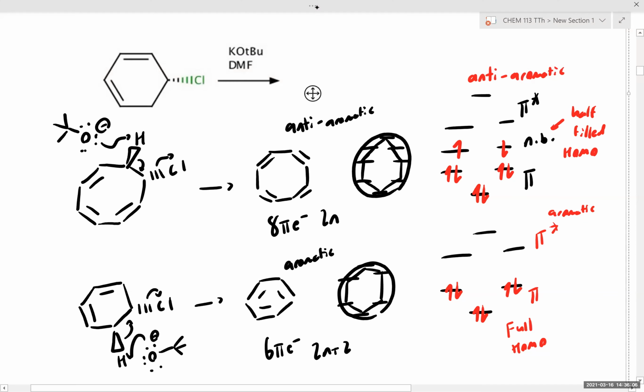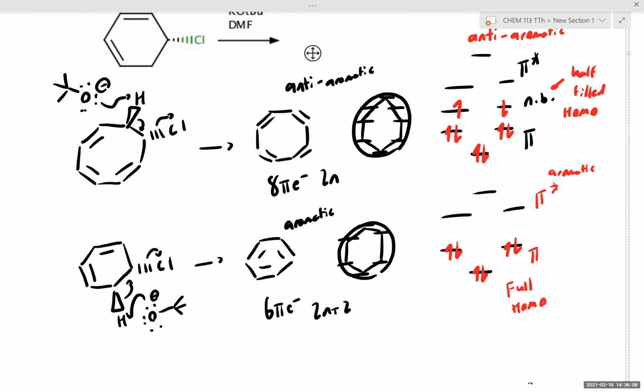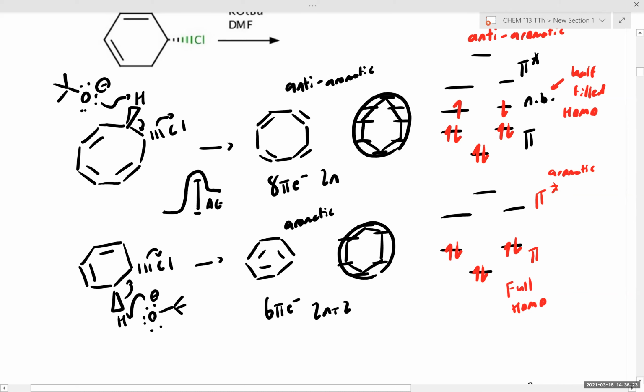Okay, now why is this important? Well, in general, if you're generating an anti-aromatic product, so if we think about our energy diagram for a moment, our product will be relatively unstable, right?